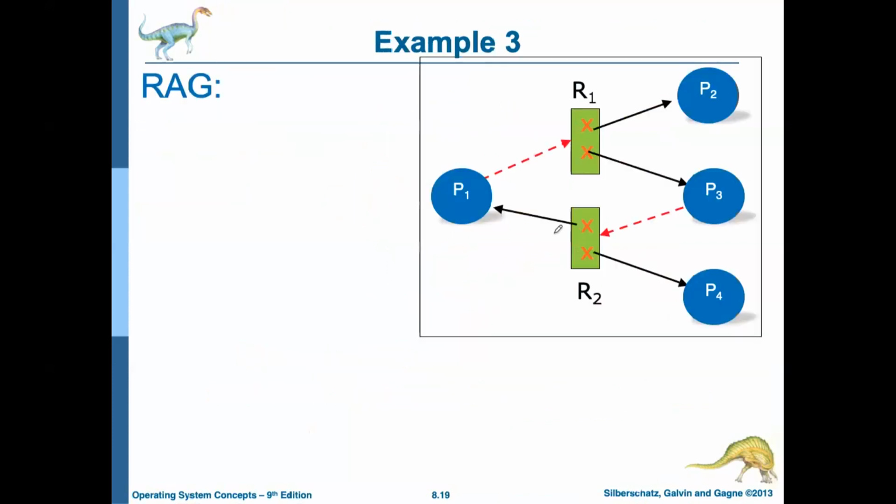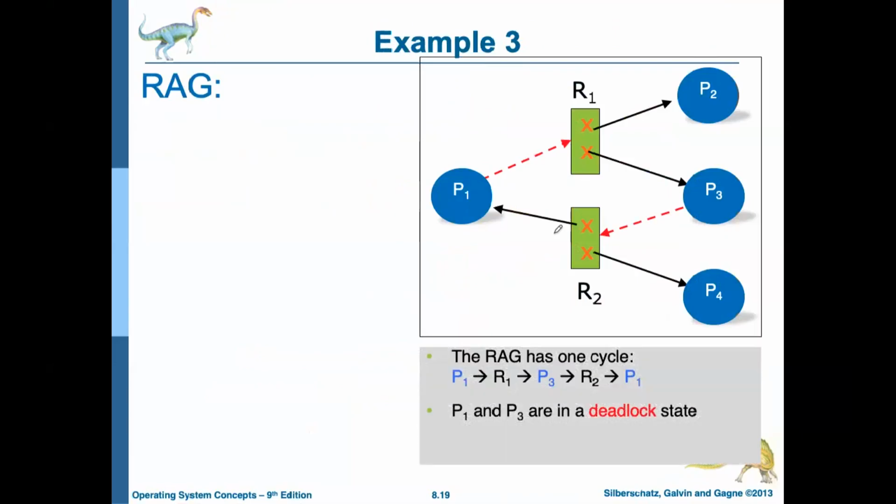All right. So example 3. The graph has one cycle.